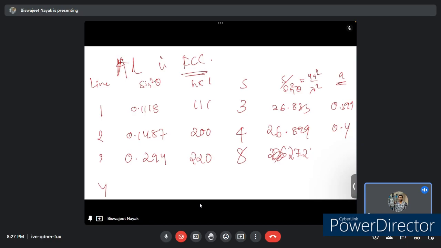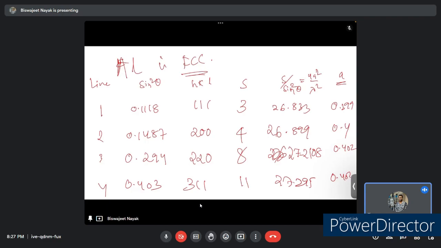The a value becomes 0.402. Similarly for 0.403, we consider 311, S becomes 11 and the ratio becomes 27.295, and so on. The a value becomes 0.403.